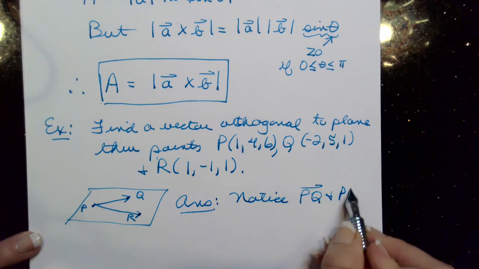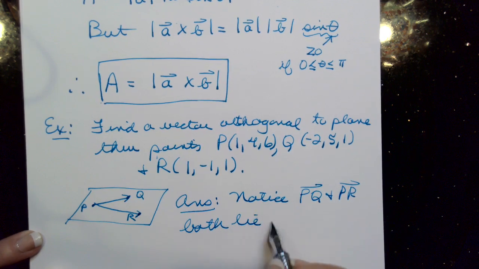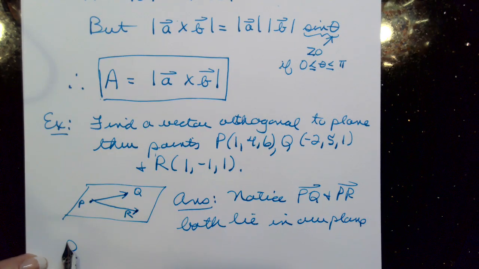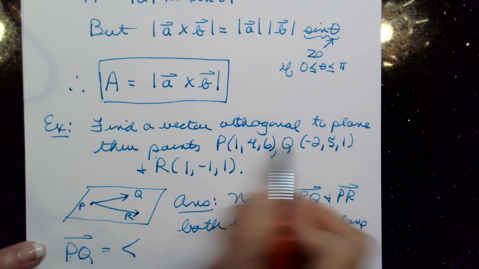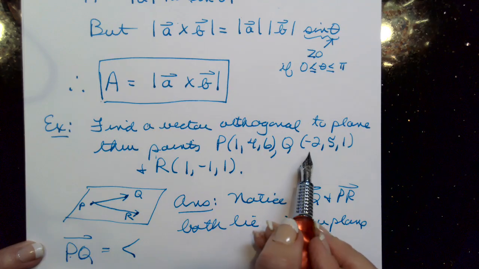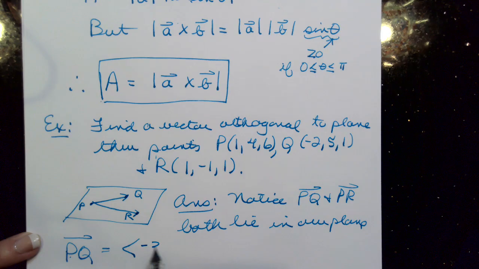So we notice PQ and PR both lie in our plane. Okay, and what is the vector PQ? How do you find a vector that goes from one point to another? Well, you subtract the components, the values in the same places. So in other words, I take -2 minus 1, that's -3.